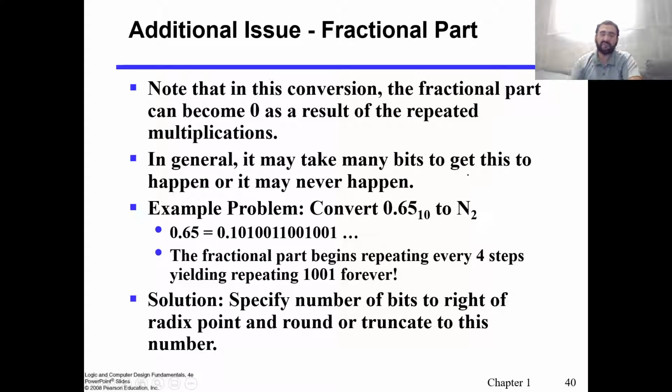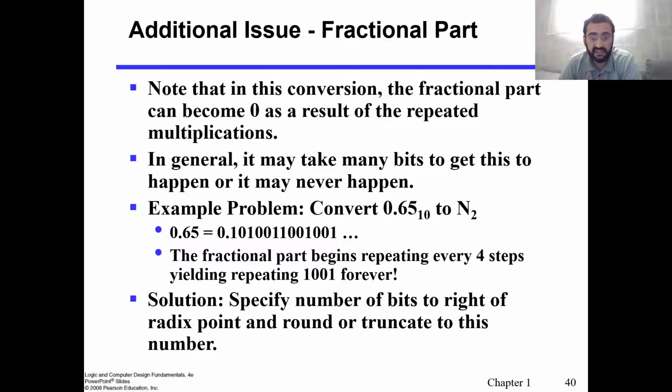Okay, so now we have an issue, and we'll see an example of this issue. And this issue is about the fractional part. So when we multiply the fractional part, we do not always come to a point where we have a 0 after the dot.